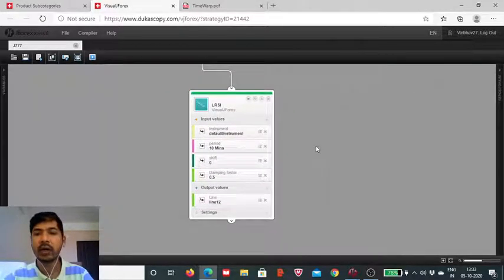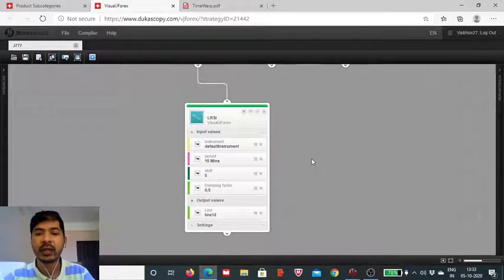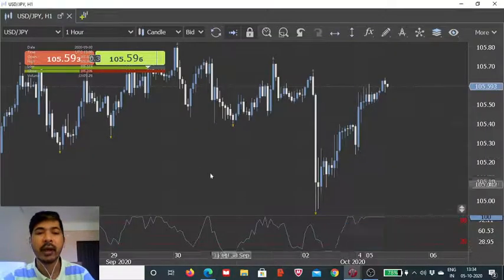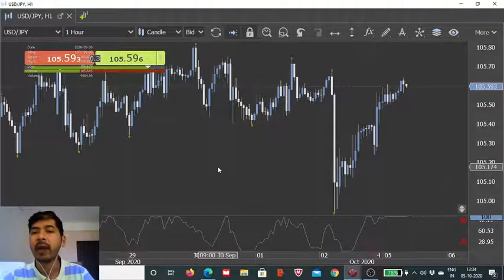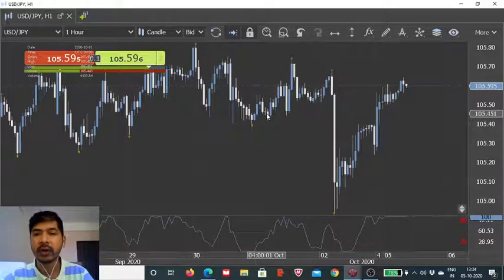Now coming to its functioning, why this indicator was developed. When we use the RSI, we see that as and when the price momentum shifts, and if there are too many frequent price moves and no clear trend, the momentum is essentially choppy.